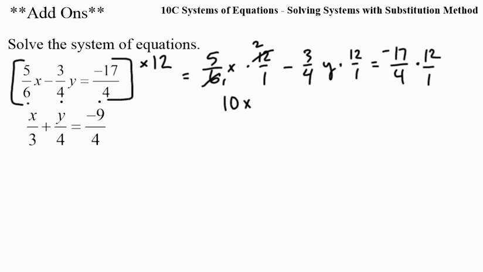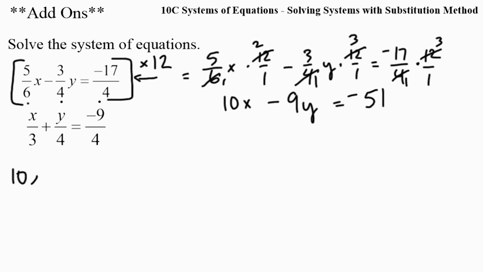Negative 3/4 y times 12, 4 and 12 will cancel by 4. Leaves us with subtract 9y. And negative 17/4 times 12 over 1, 4 and 12 becomes a 1 and a 3. Negative 51. So there's the equation we could use instead of this first equation.